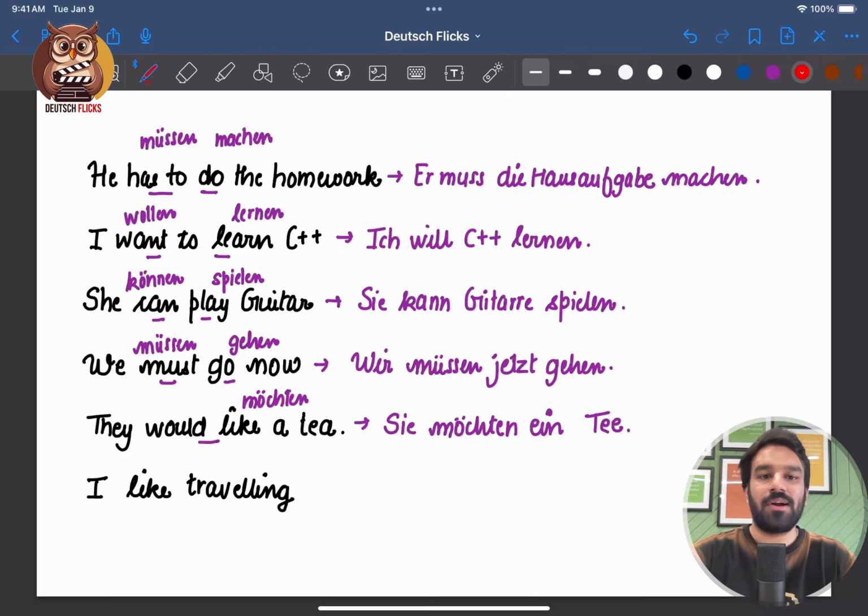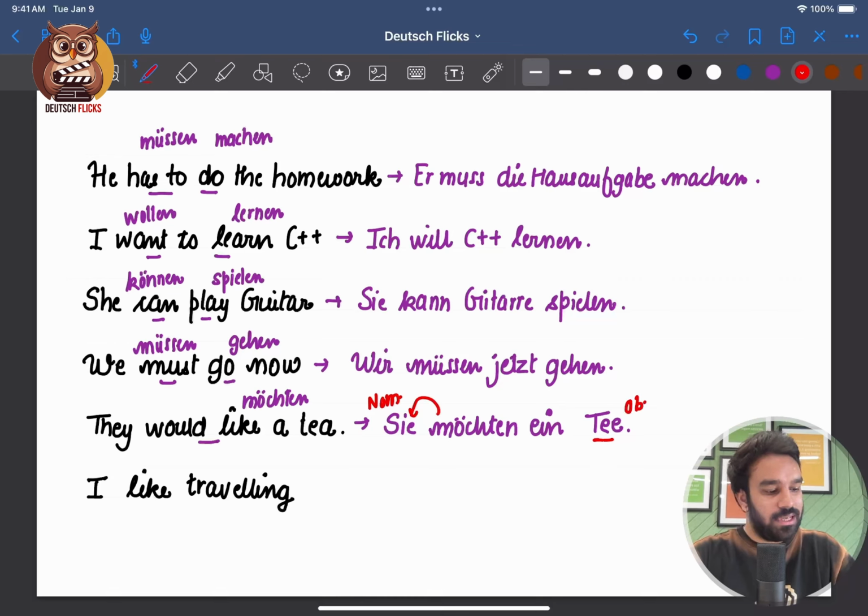So you cannot forget the old rules. We saw the case system in German language, nominative and accusative. So möchten is being conjugated according to sie, which is the subject of the sentence, and subject is in nominative case. Nominative has played its role. We cannot have multiple subjects in the sentence. That means Tee is the object.